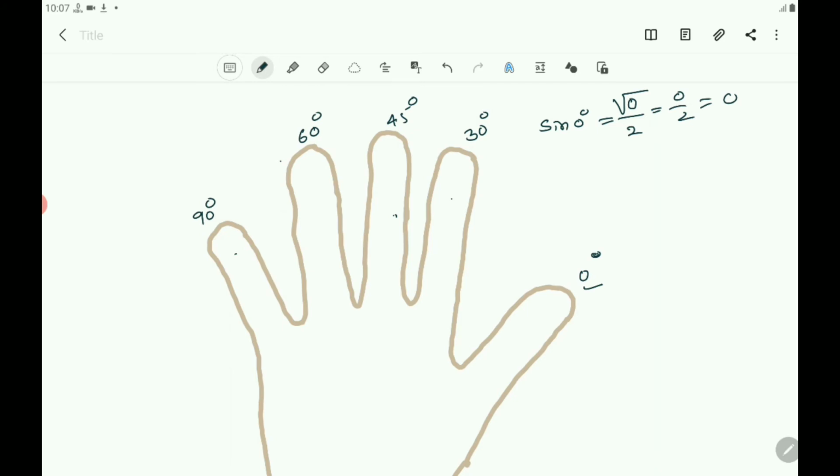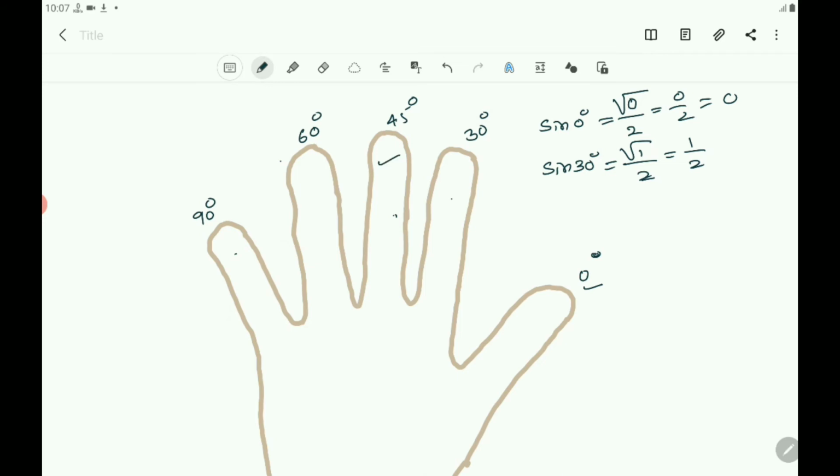You know that sine 0 degree is 0. Next, sine 30 degree. There is one finger in this direction, so here let us write square root of 1 by 2. Square root of 1 by 2, that equals 1 by 2. So you got that sine 30 degree is 1 by 2.